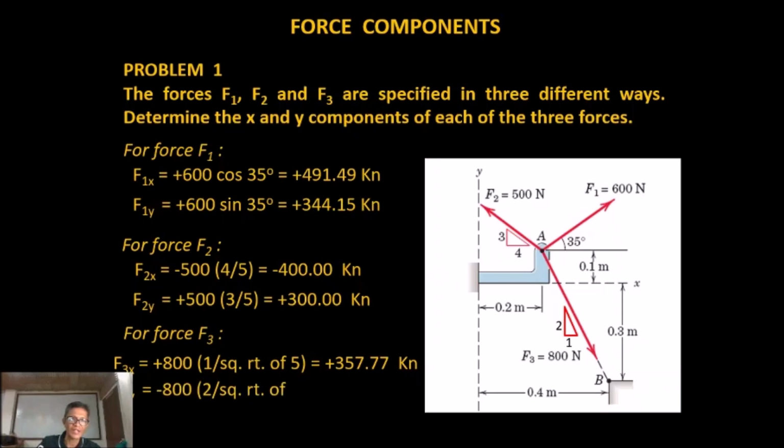For F3y, F3y is equal to negative 800 multiplied by 2 over the square root of 5. Again, y is in the y direction, so we have 2 over the square root of 5, and that is equal to 715.54 kilonewton. However, it should be negative. Okay, so we have here an example.